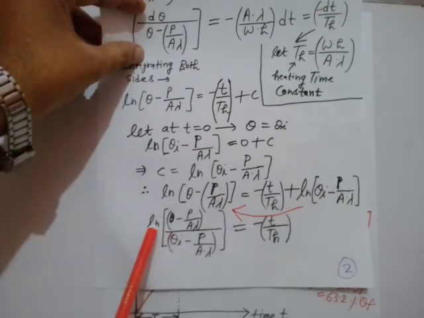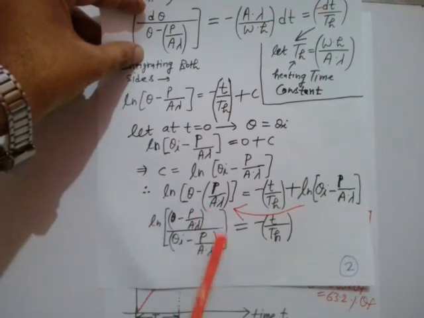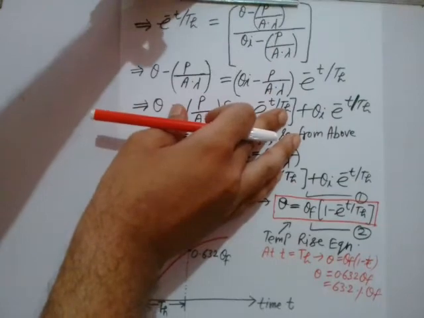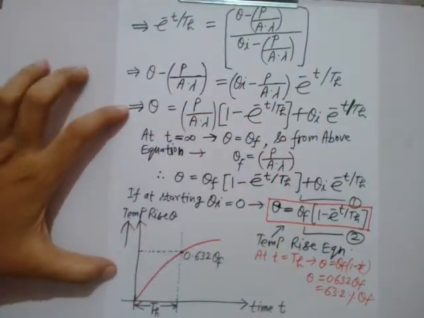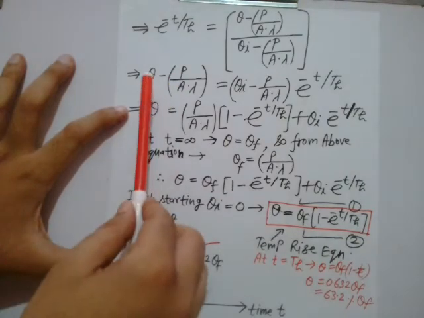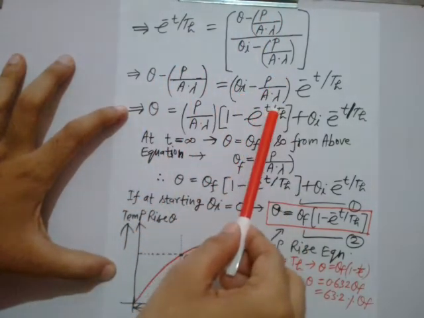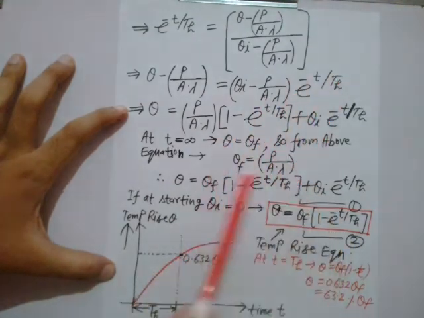So write e to the power minus t by tau h is equal to this whole expression, right? Okay, this is the next step. So here, theta minus p by a lambda is equal to (theta I minus p by a lambda) into e to the power minus t by tau h.